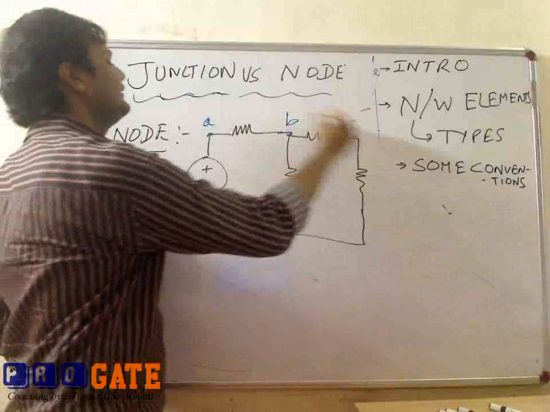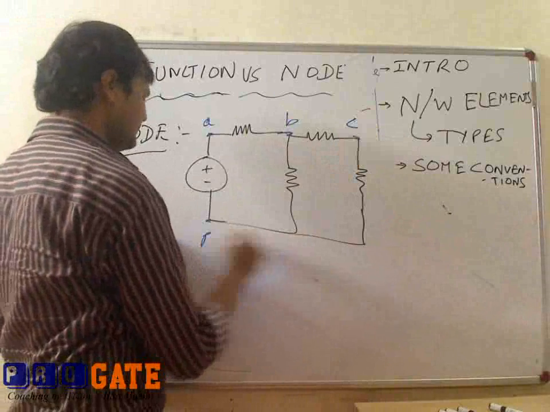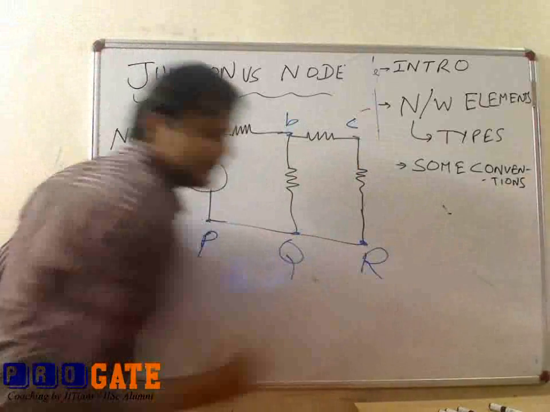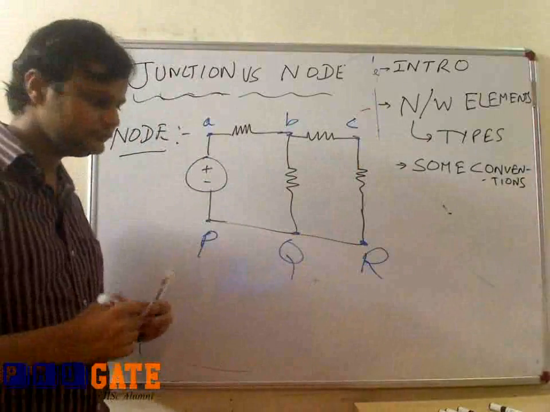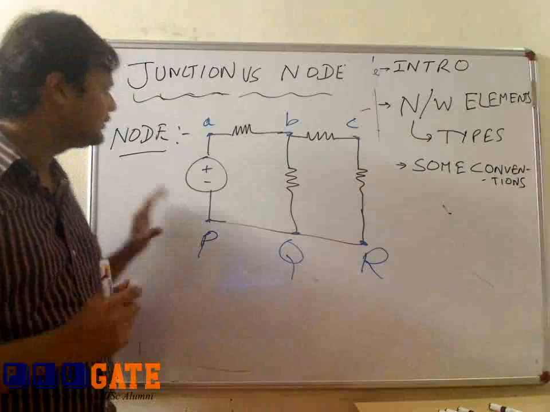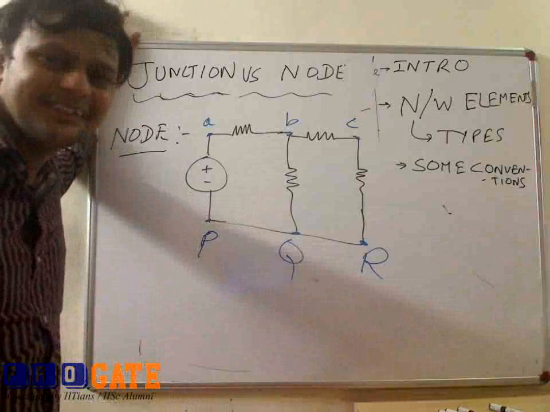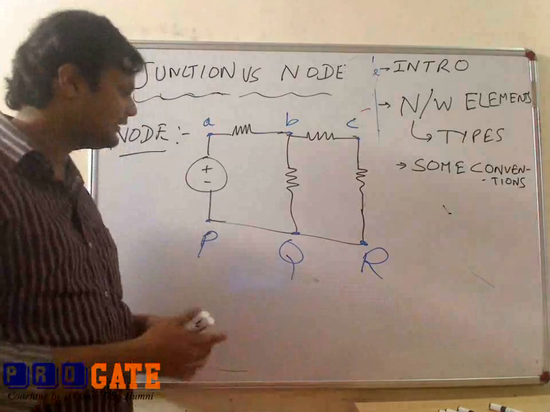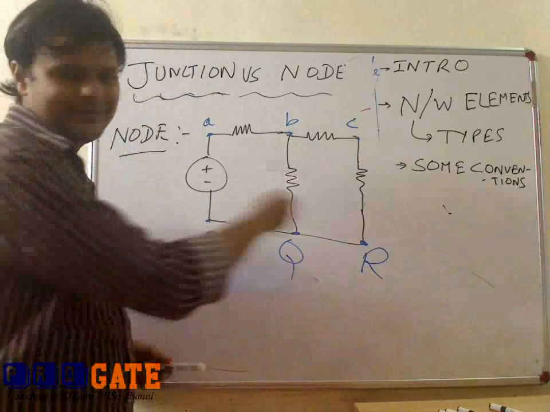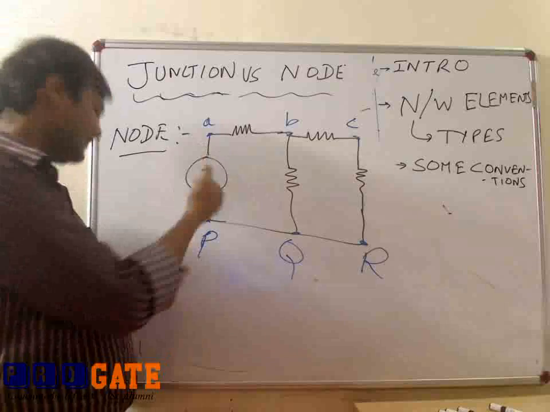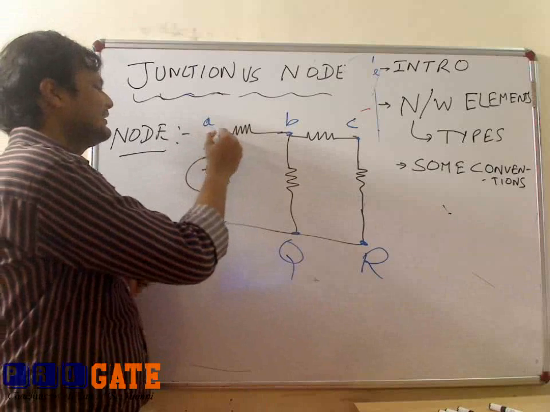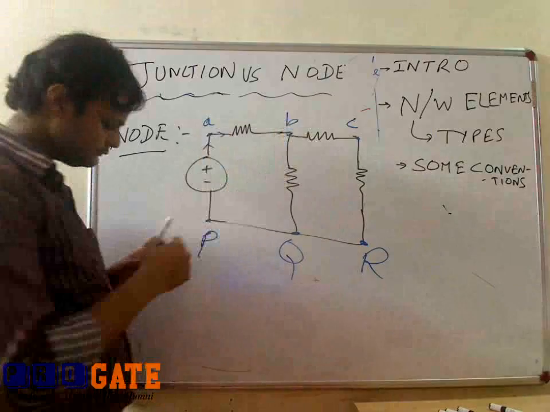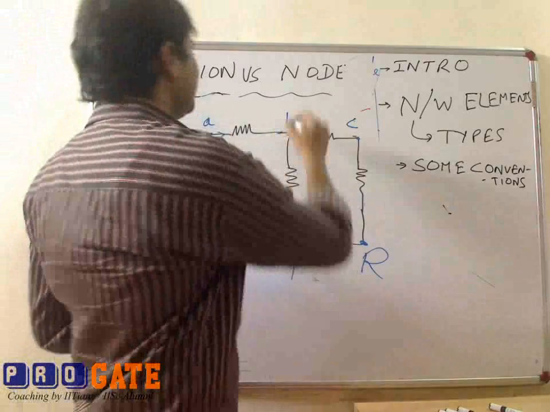So this is A, B, C, and this is P, this is Q, and this is R. So how many nodes and how many junctions? Where can current divide? At this terminal current cannot divide, but at this point current can divide. So this is a junction.